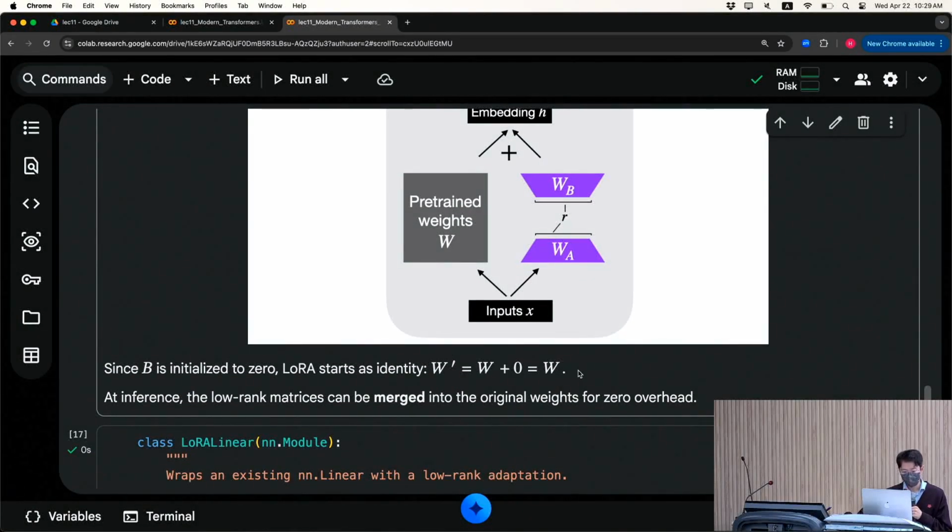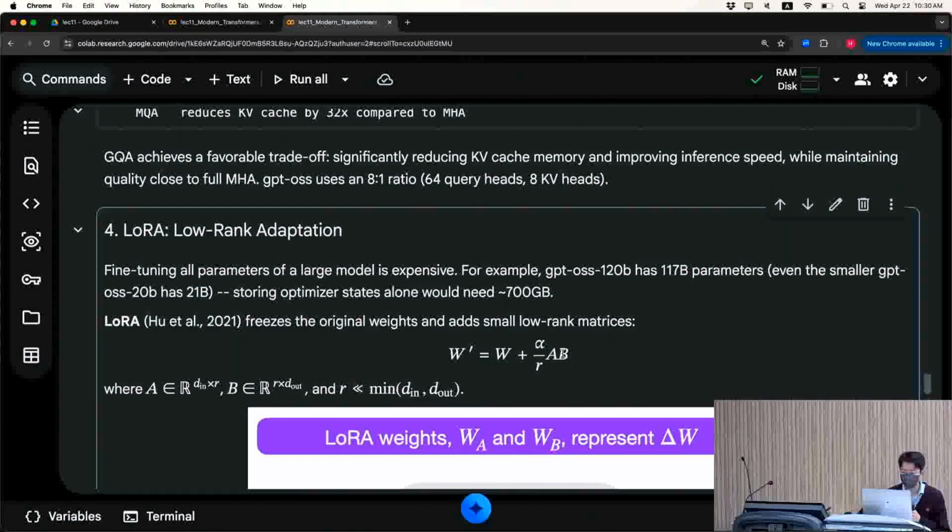And matrix B is initialized to all 0. Meaning, if you initialize the weights to the pre-trained weights and do a forward pass, this matrix is all 0. Initially, during the forward pass, it sees no difference between the pre-trained weights and whatever is initialized through LoRA.